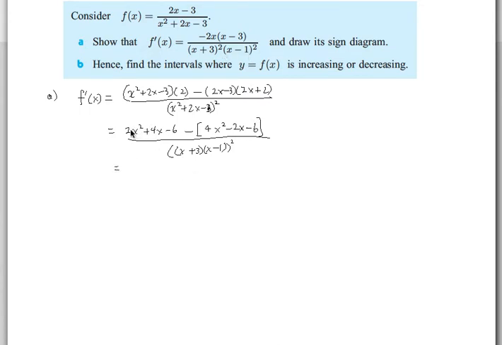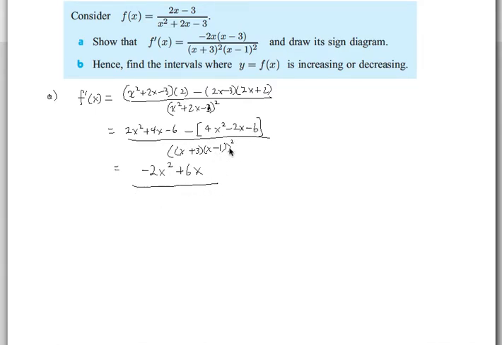Okay, if I go ahead and simplify this whole top part, I get 2x squared minus 4x, that would be minus 2x squared. If I do this part, plus 4x, or plus 2x would be plus 6x. Okay, and minus 6 minus negative 6 would be just 0. So that part would cancel out.